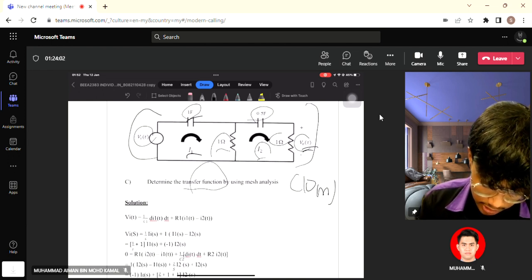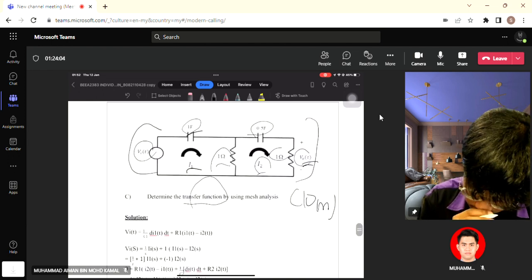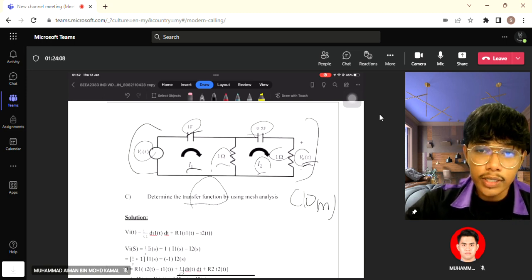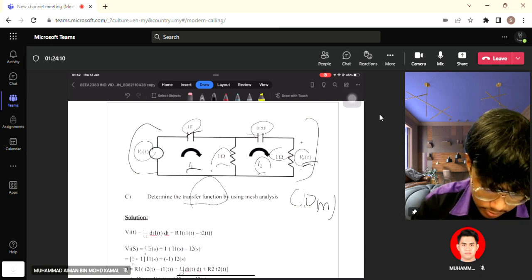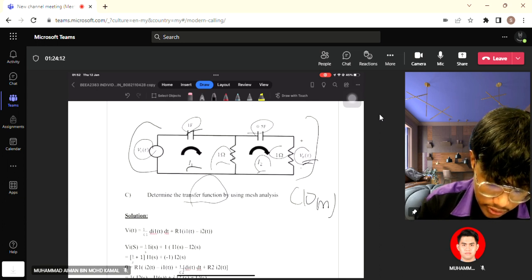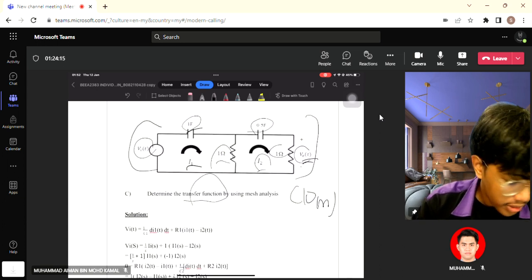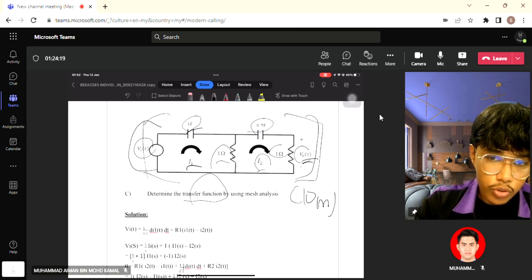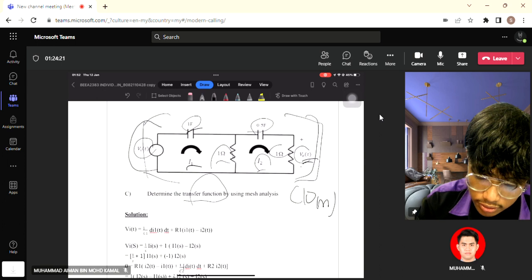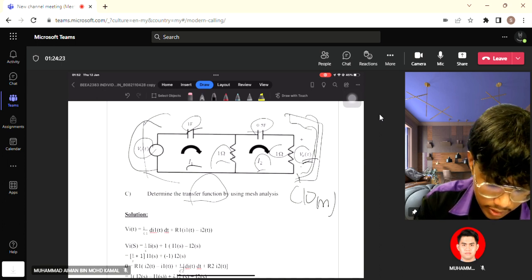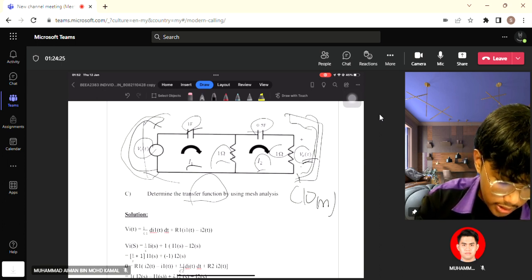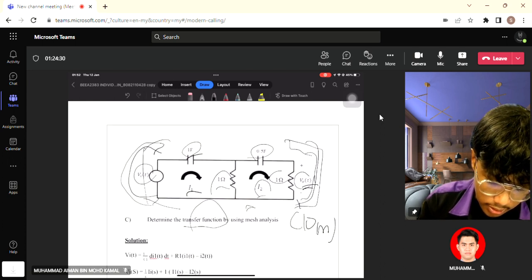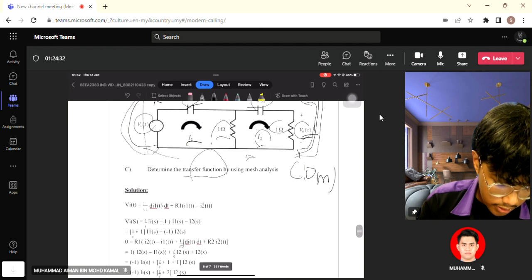The common mistake that students made in the past year is actually not redrawing the figure. So they get a little bit confused, and at the same time they just can't answer the question. So make sure we must redraw the figure, right?